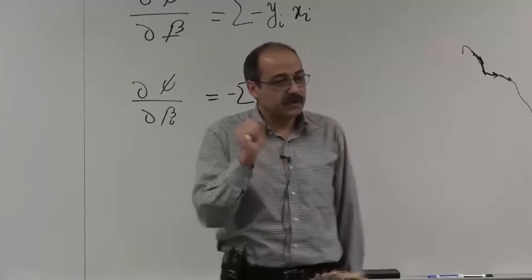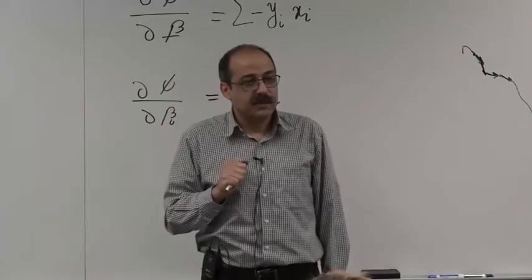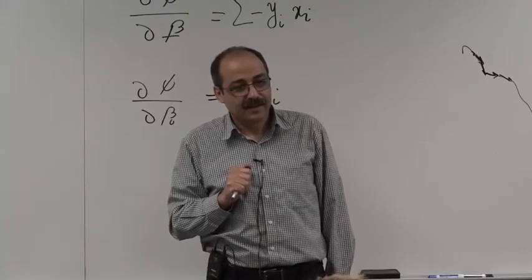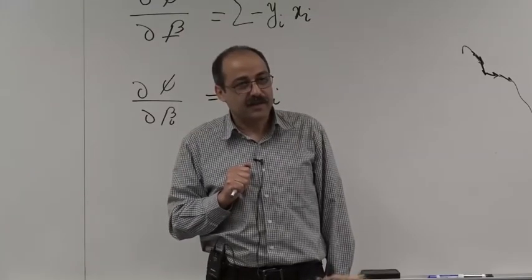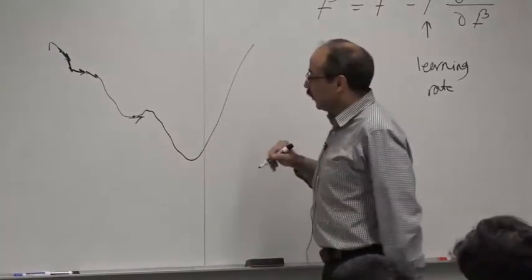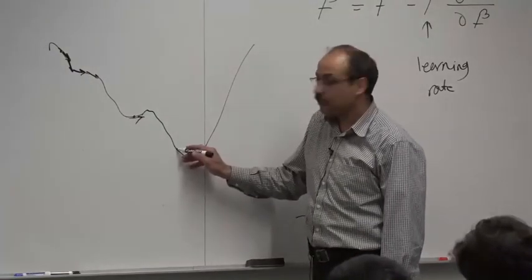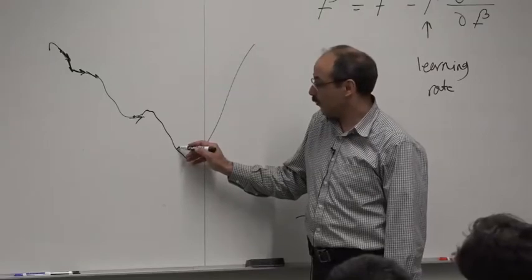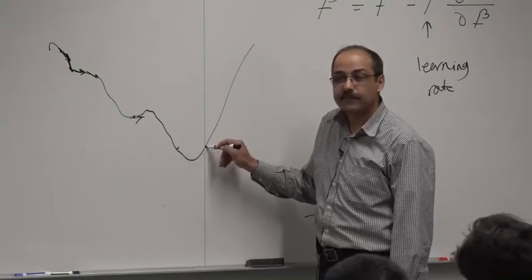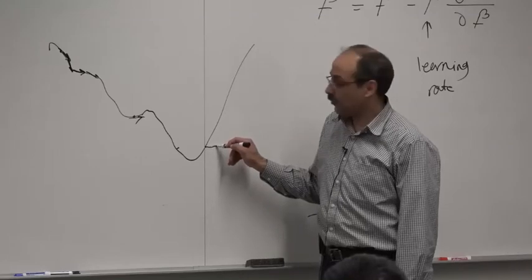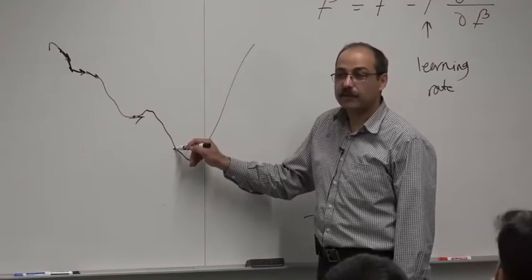Should we go for large or small? Somewhere in between. Why? Because if it's too big, then you might step over the local minimum. You can just pass the global minimum. If it's too large, it's possible that I'm here, and I want to take one step, but that one step means that I will jump here. And then I take a big step again, and then I will jump here.